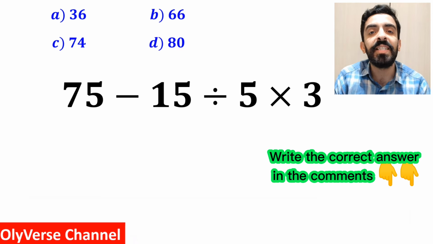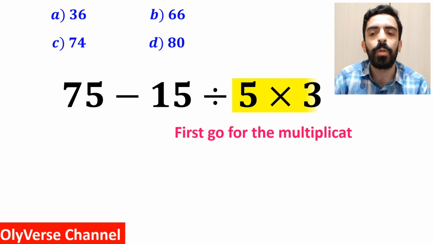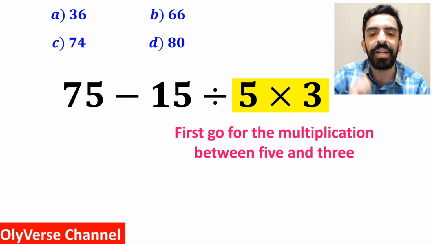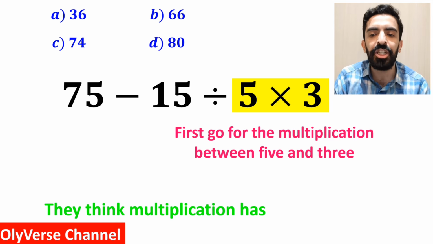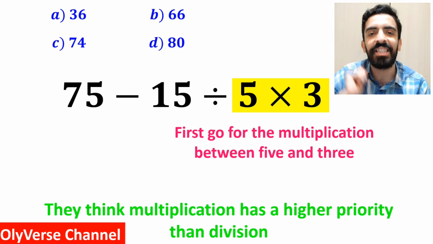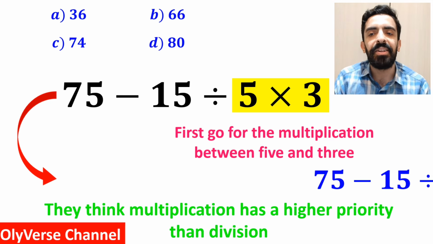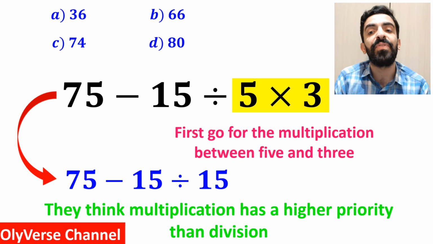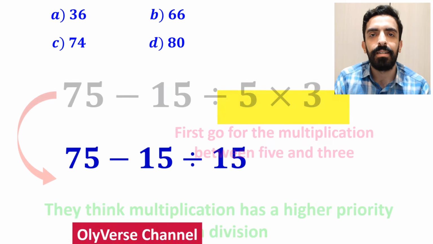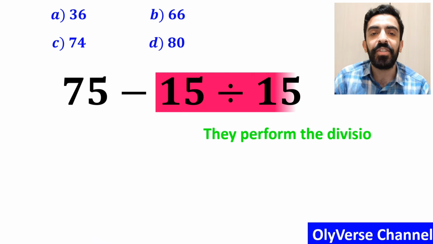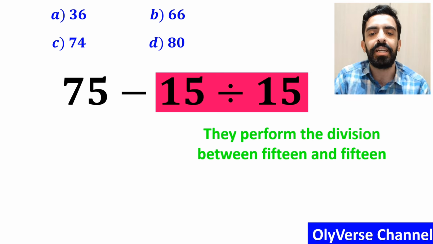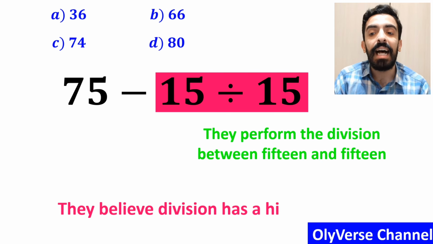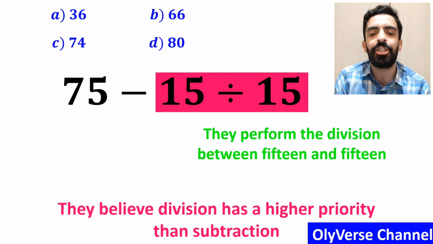Also, some other people when solving this question first go for the multiplication between 5 and 3 because they think multiplication has a higher priority than division. So, they rewrite this expression as 75 minus 15 divided by 15. And the next step, they perform the division between 15 and 15 since they believe division has a higher priority than subtraction.